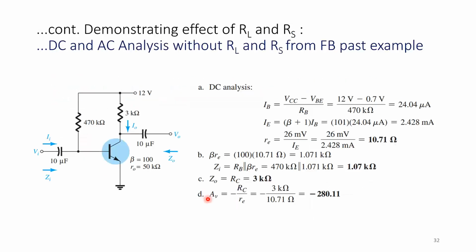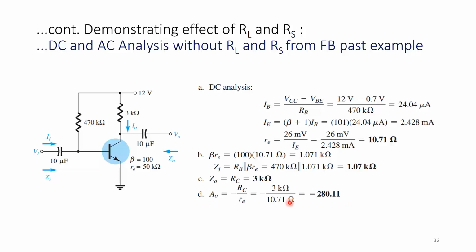Now this is from the textbook, you can have a better read there. This is a copy and paste from the fixed bias part. This is the DC and AC analysis without RL and RS from the fixed bias past example. So here you have a gain of negative 280.11.